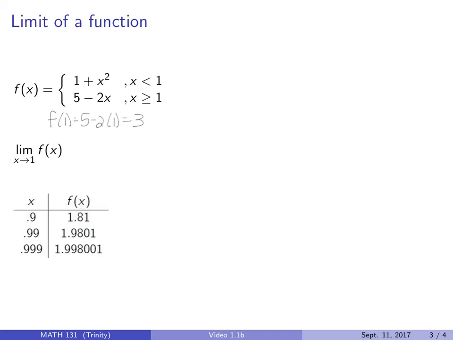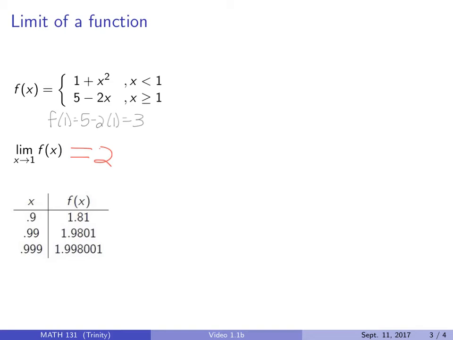So we see as the x values are getting closer and closer to 1, the f of x values, or the y values, are getting closer and closer to 2. So it appears that this limit is equal to 2.